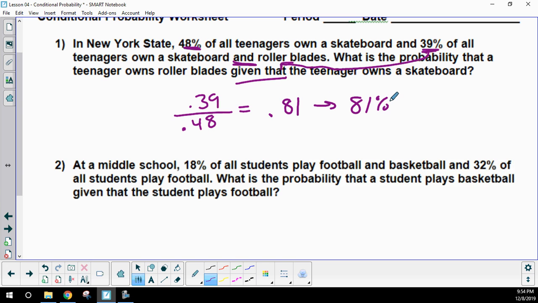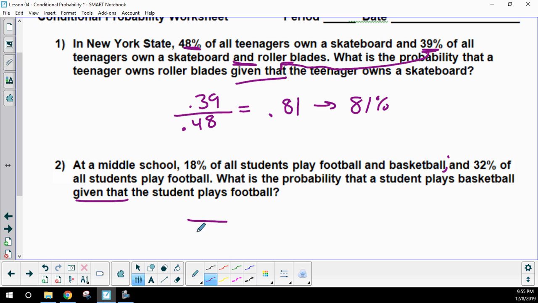In middle school, 18% of all students play football and basketball. And 32% of all students play football. What is the probability that a student plays basketball given that the student plays football? That's right.